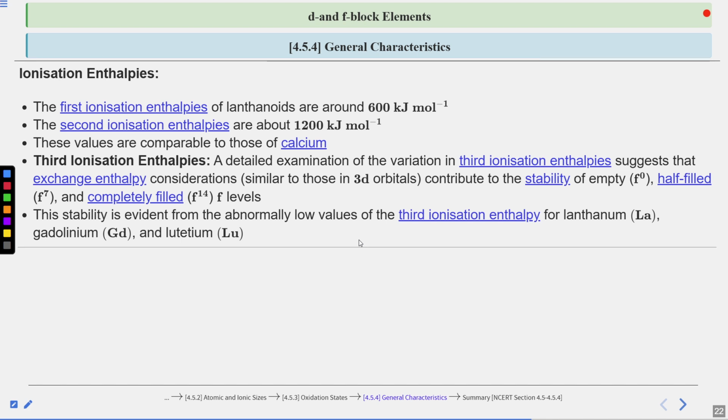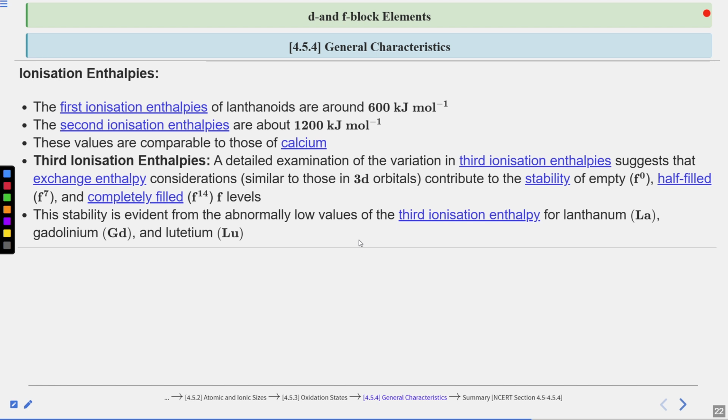For these three elements, the third ionization enthalpy is very low, and you can check that with their electronic configurations. For lutetium, the third ionization enthalpy means one electron is removed from 5d1. In lanthanum, the third electron is removed from 5d1.